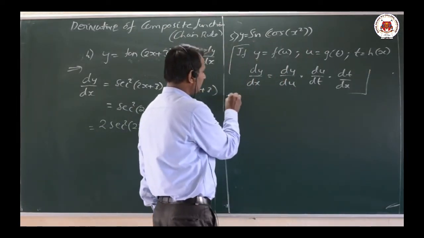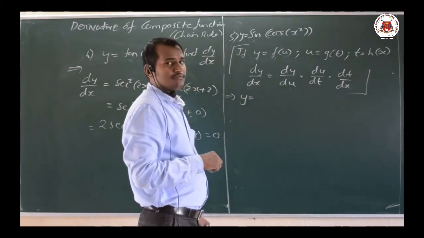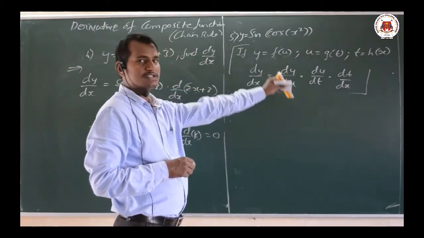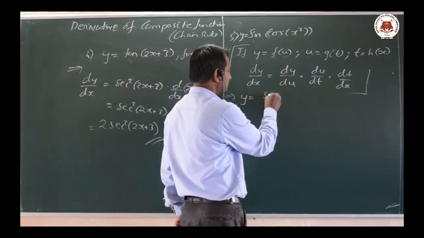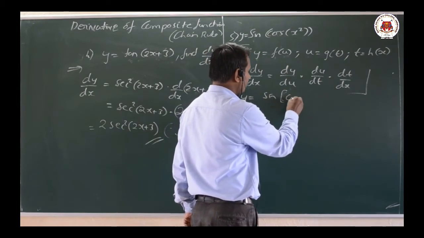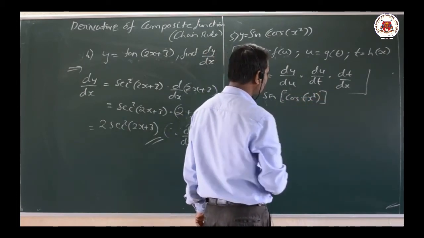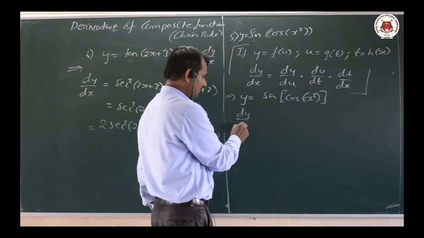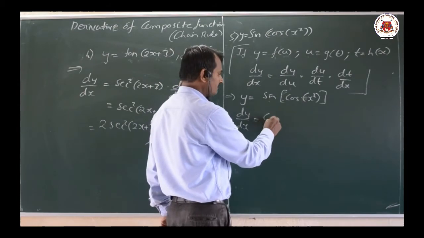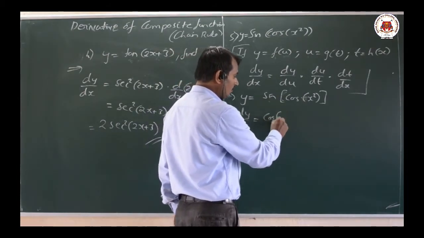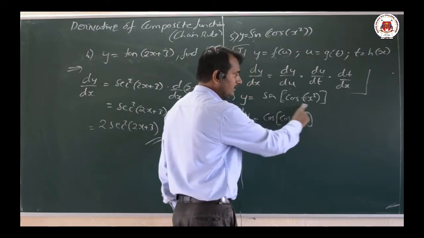So now what we have is y equal to sine of cos of x square. Instead of going with these particular methods, it is very good to solve it directly. dy by dx: first of all, I will differentiate sine. What is it? Cos, and I have to write everything inside the bracket as it is.